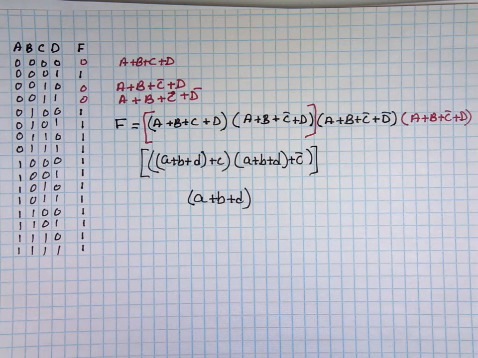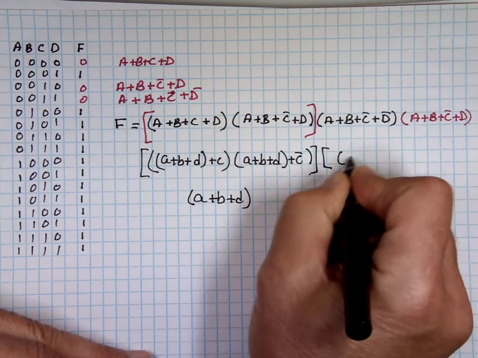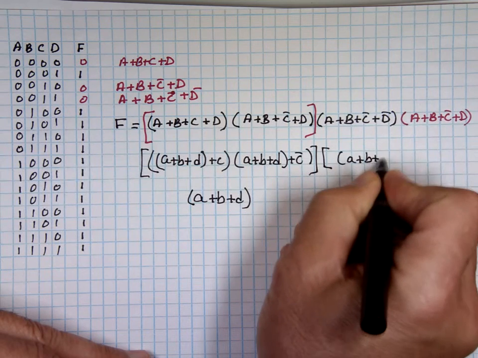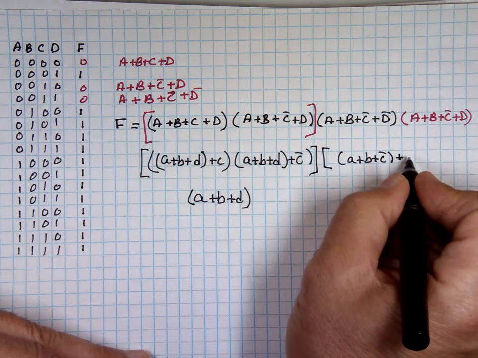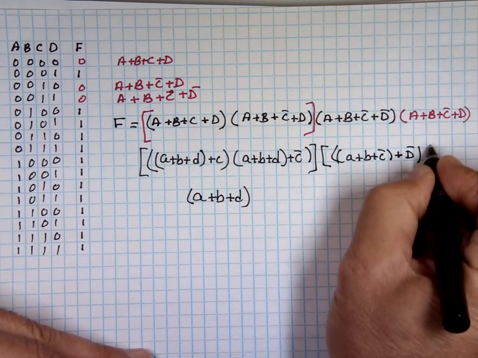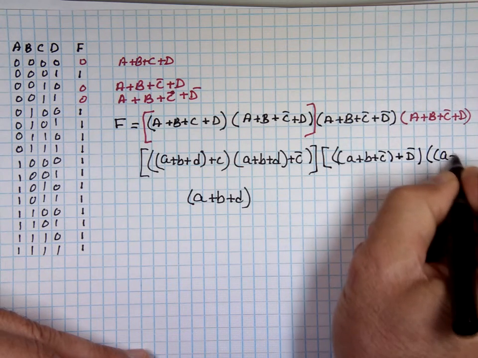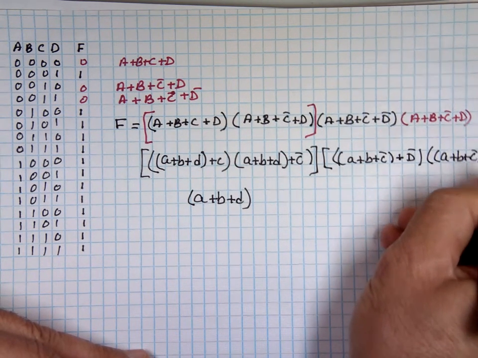A plus B plus C bar is common to both of them. Plus, is it D bar here? A plus B plus C bar plus D. And D and D bar will cancel each other out.